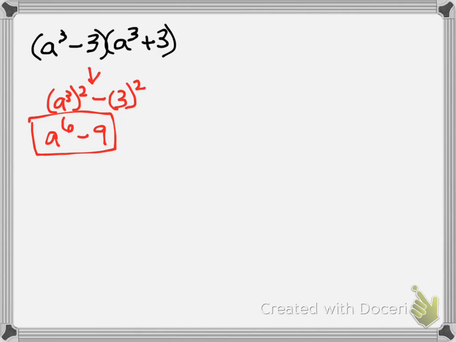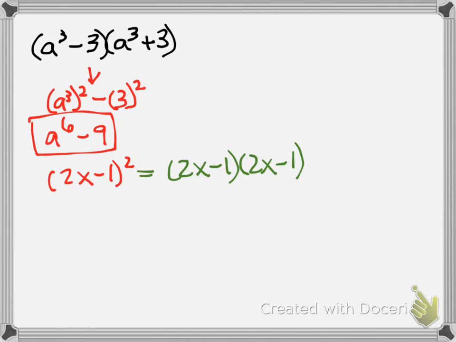All right. So the next situation was giving you a problem that looked like this, where they started with a binomial only once, but they used an exponent. So the key was you had to understand that that actually stood for 2x minus 1 times 2x minus 1.